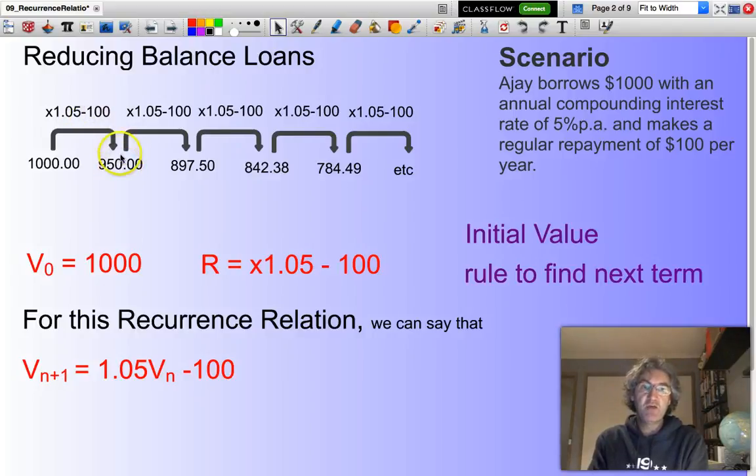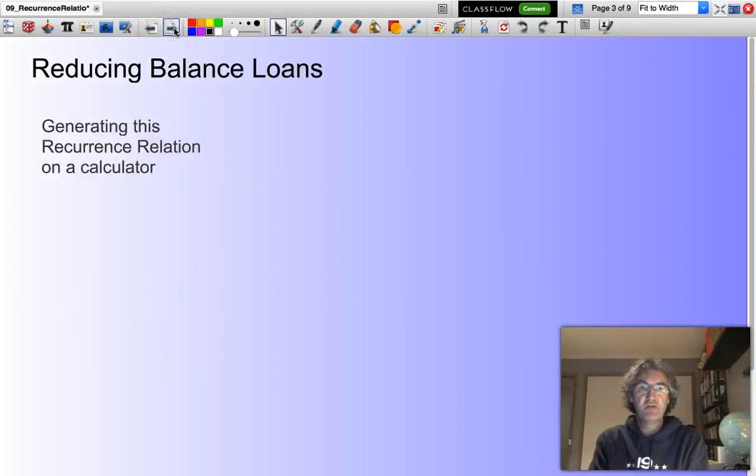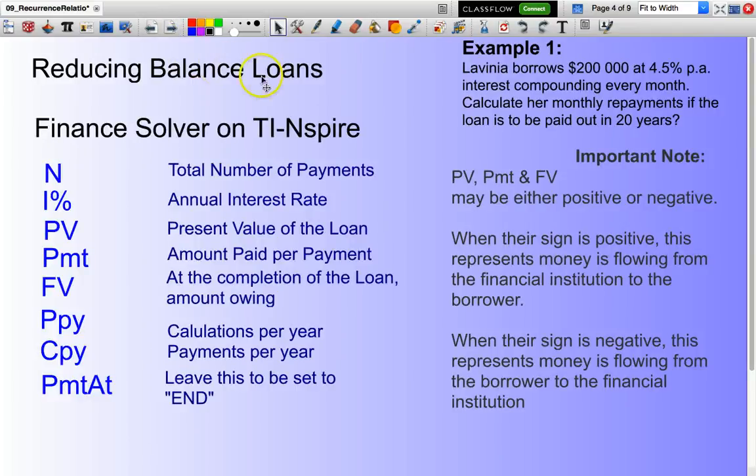If you hit enter again, you'd get that value, and enter again, you get that value. So I'll skip over that and move to the Finance Solver application, which is on the TI-Nspire calculator.